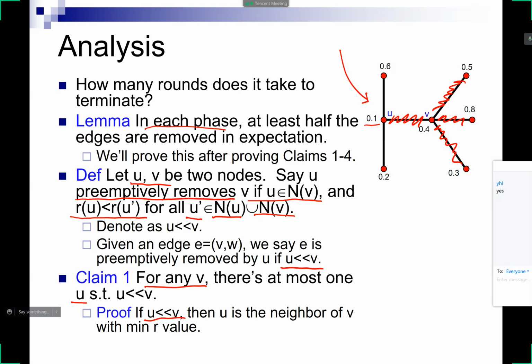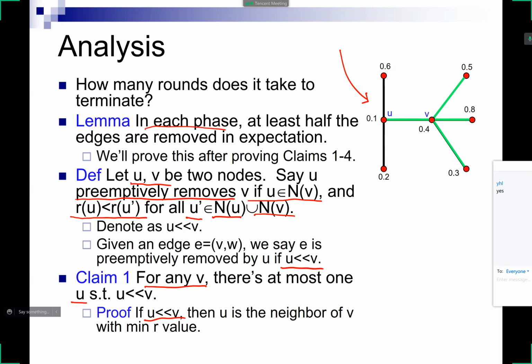If u removes v, then u has to have the minimum value among all of v's neighbors. And there's only one node with the minimum value among these neighbors. So there can be at most one u which preemptively removes v.